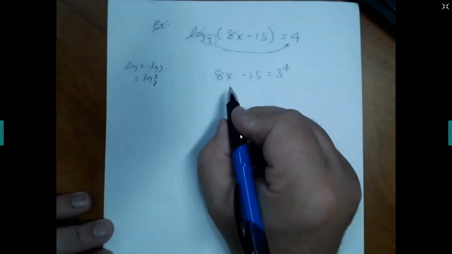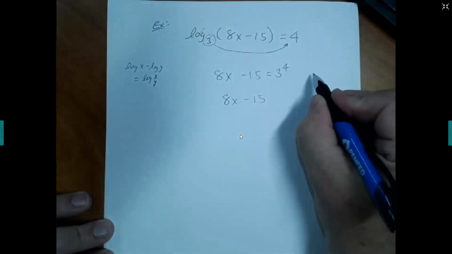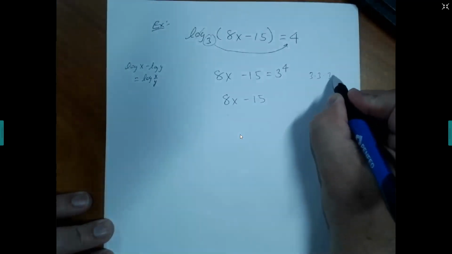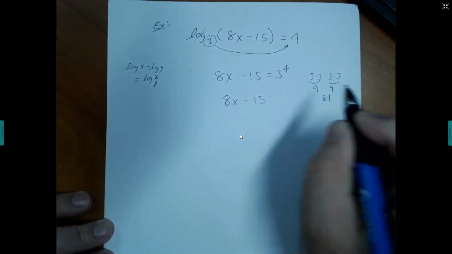So what is 3 to the 4th? 3 times 3 is 9. 9 times 9 is 81.